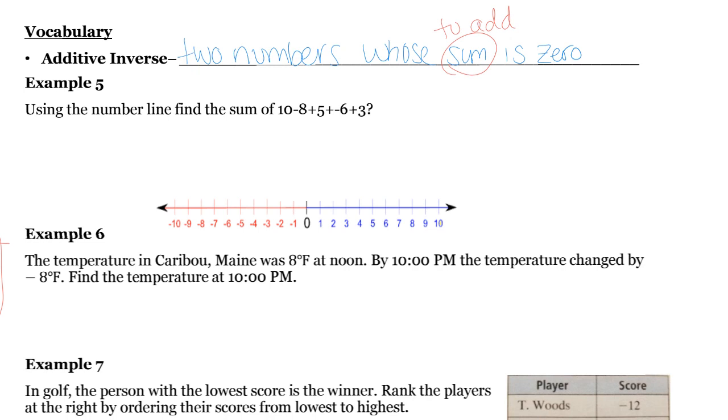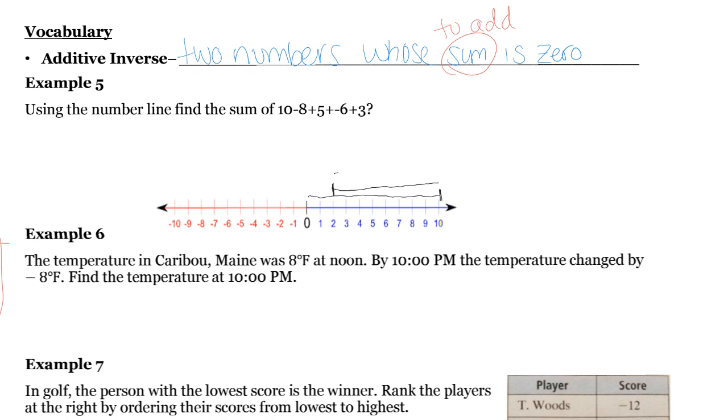Okay, so now we have to use this number line down here to find the sum of 10 minus 8 plus 5 plus -6 plus 3. So you're going to be asked to do this a whole bunch. We're going to always start with 0, and we're going to go to 10. Now we're going to go back 8. We're going to stop there because we subtracted 8 from the 10 we had.